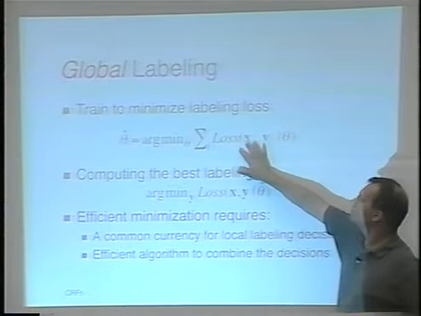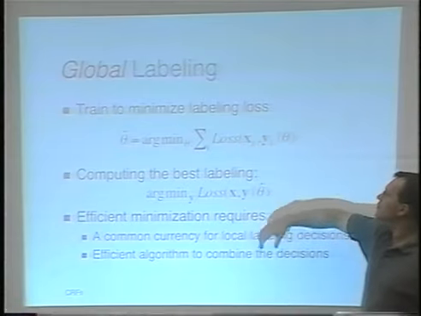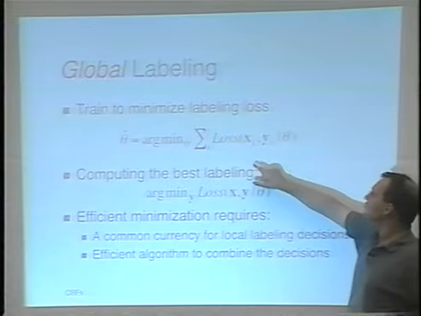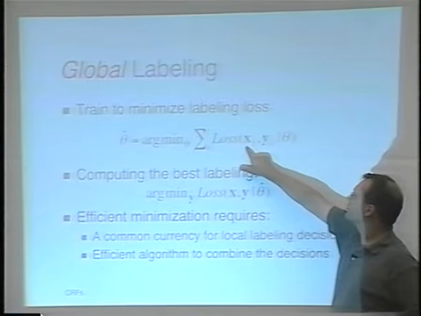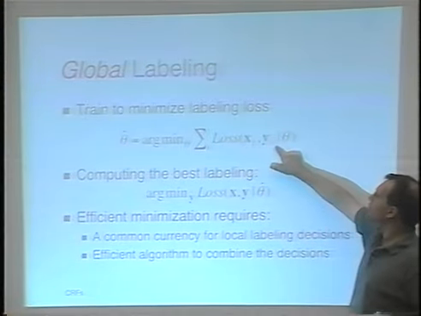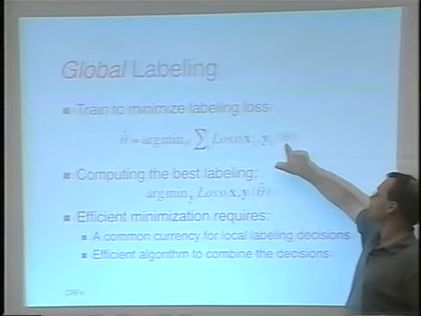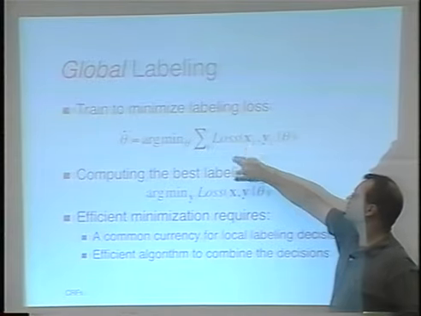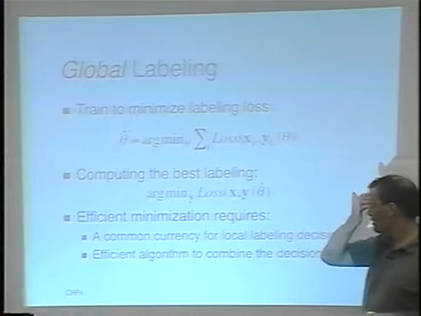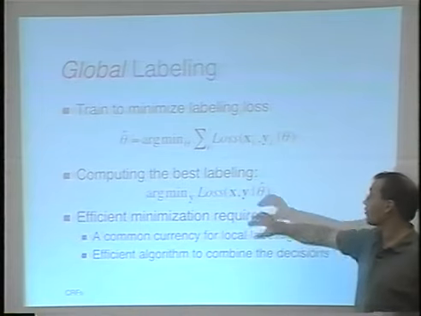So you have some model based on some parameter vector, which will be real numbers, and given that model, with the current settings, I can compute a loss, some loss function. I'll tell you later which loss functions I'm going to be working with.